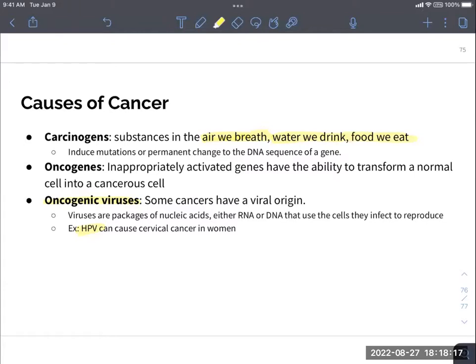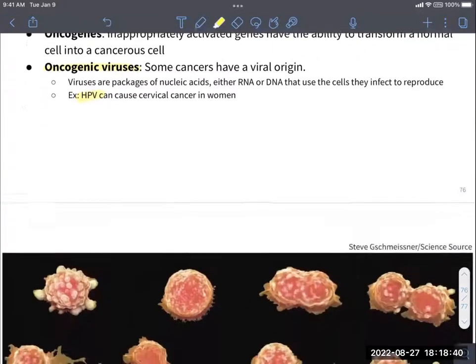They use up everything to replicate as much as they can. Then they destroy the cell when they're released out. And if they're going into all these cells in the woman's cervix, it can trigger the formation of cancerous cells that form a tumor that can cause cervical cancer.